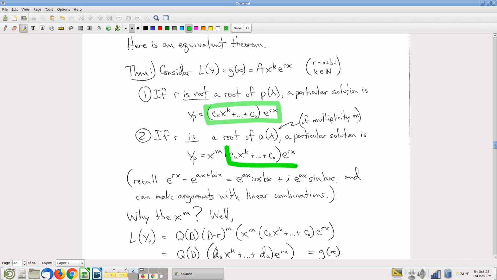What I never motivated, hardly at all, is this x to the m. Right? What is the deal with that x to the m? Why do we throw in a factor of x to the m, where m is the multiplicity of the magic number as a root of the characteristic polynomial? Why multiply by x to the m?